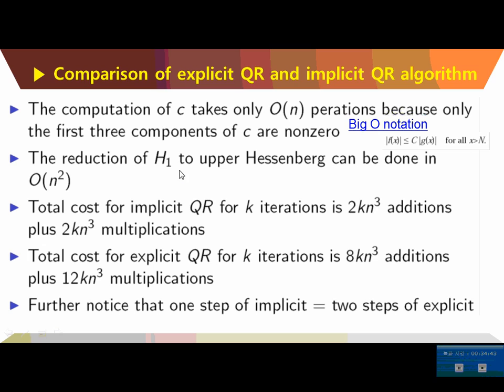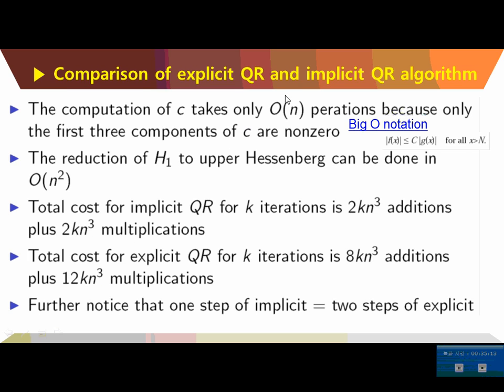And the reduction of H1 to upper Hessenberg form can be done in big O of n squared, and the total cost of implicit QR for k iterations is 2kn cubed additions plus 2kn cubed multiplications. The total cost of explicit QR for k iterations is 8kn cubed additions plus 12kn cubed multiplications.